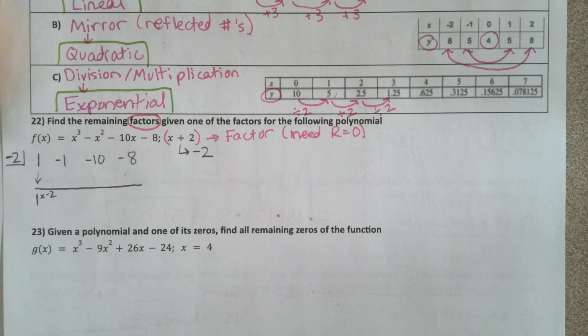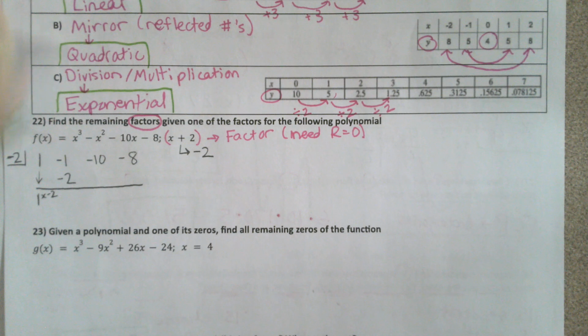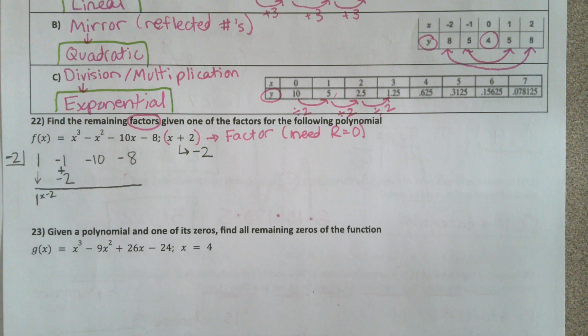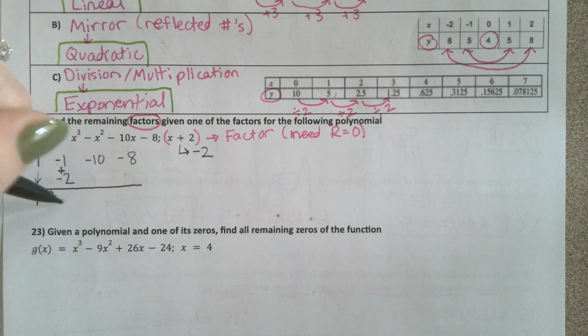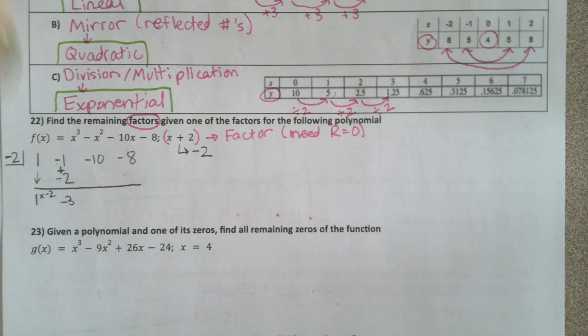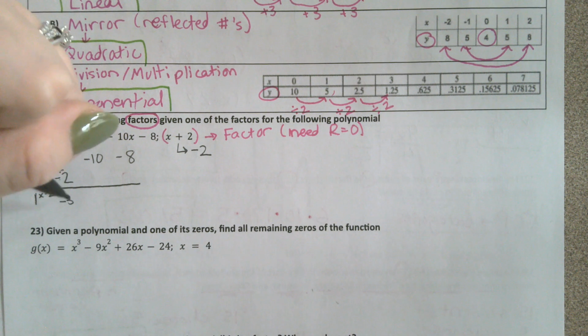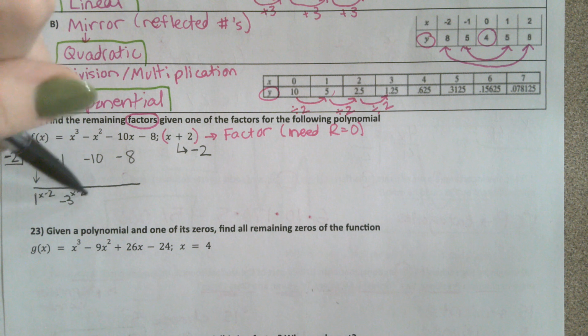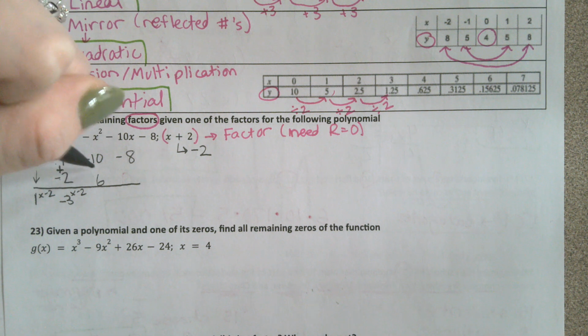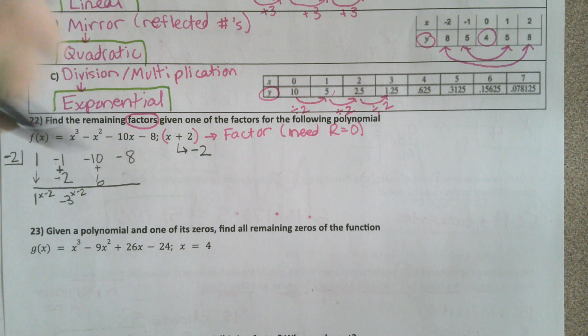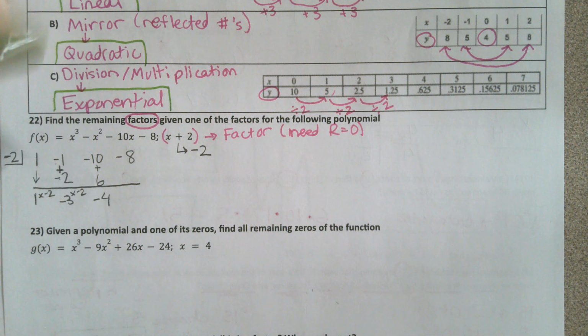1 times -2 is -2. And then we add -1 plus -2 is -3. Times -2 is, careful, +6. Plus -10, that's -4.